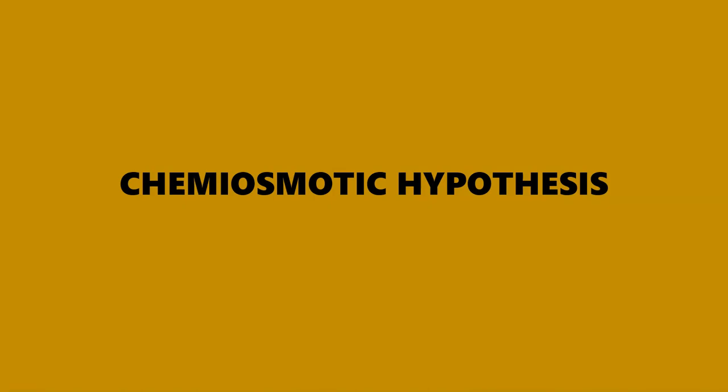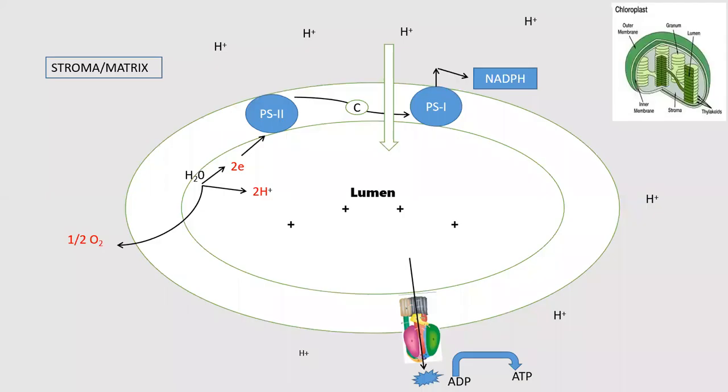For the chemiosmotic process, what do they need? Chemiosmosis requires a membrane, a proton pump, a proton gradient, and ATP synthase. So here you can see the membrane, proton pump, proton gradient, ATP synthase.